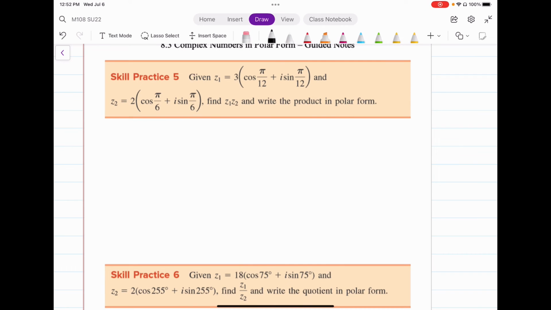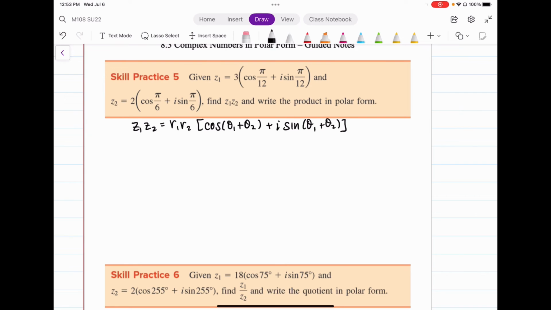In this question, we're given z1 and z2 in polar coordinates, and we're asked to find their product written in polar form. In order to do this, we need to remember what the product is. If I have z1 times z2, I can take r1 times r2 times the cosine sum formula plus i times the sine sum formula.